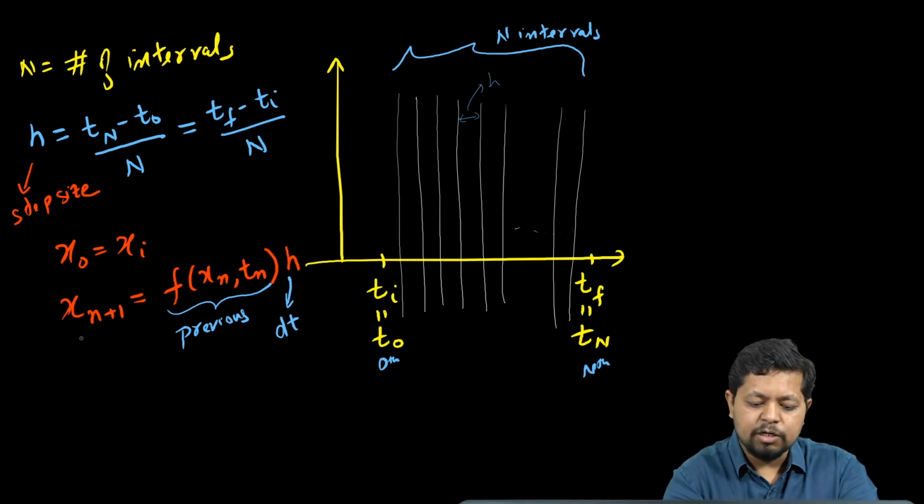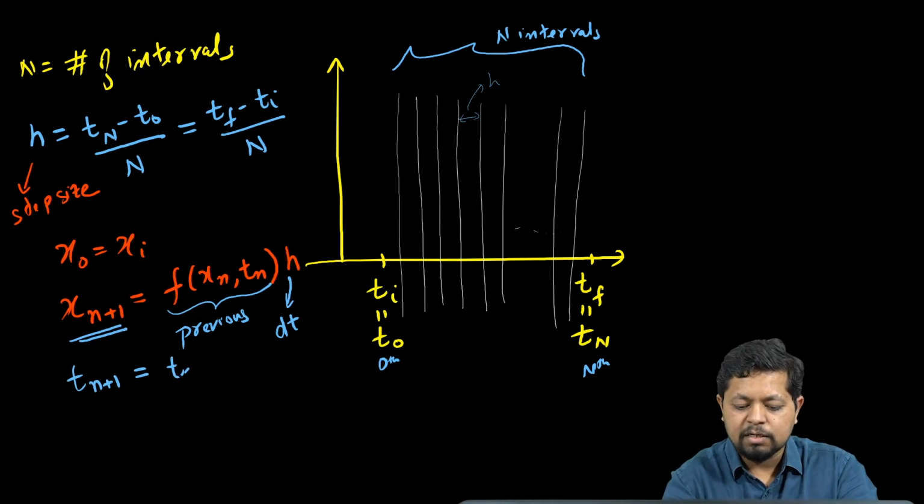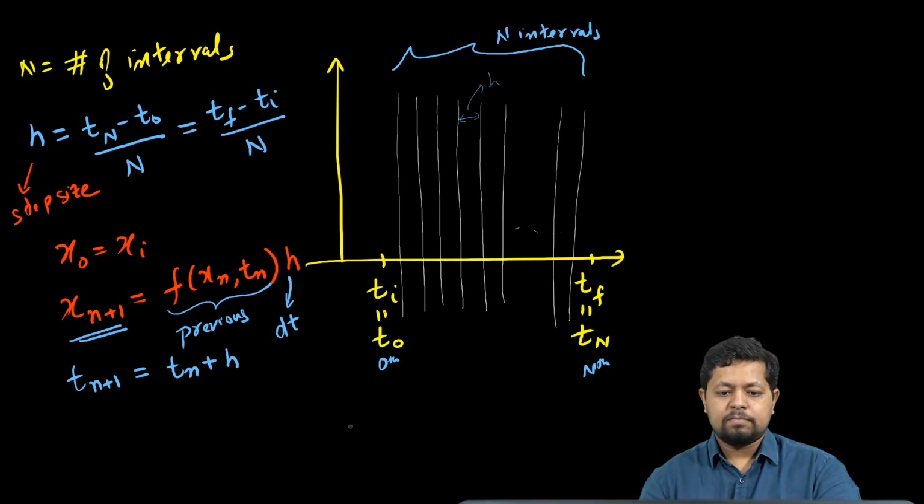So this determines my new xn, and similarly my new tn plus 1 is simply tn plus h. Alright, so this is the essence of the Euler method. This is how the Euler method is implemented.